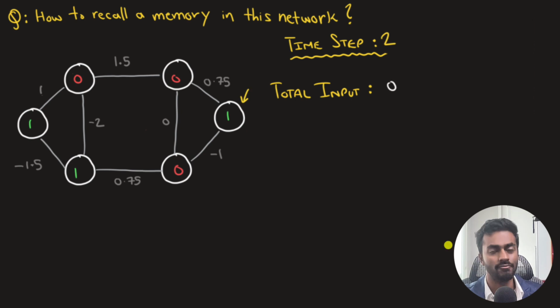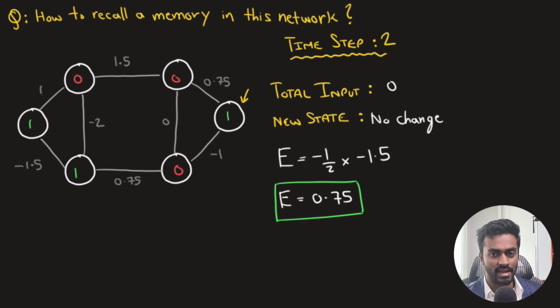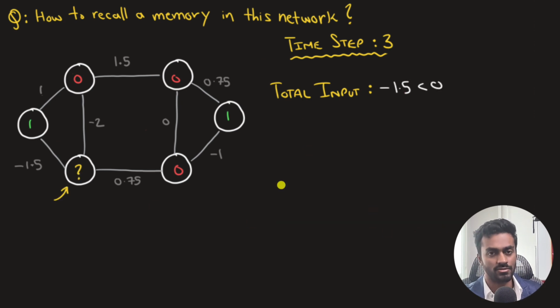Now in the next time step, we repeat the process, select a random neuron. Now the total input to this is 0 times 0.75 plus 0 times negative 1, which is 0. So there's going to be no change here, and the energy remains the same. In time step 3, we'll choose a random neuron. Let's say it's this neuron here.